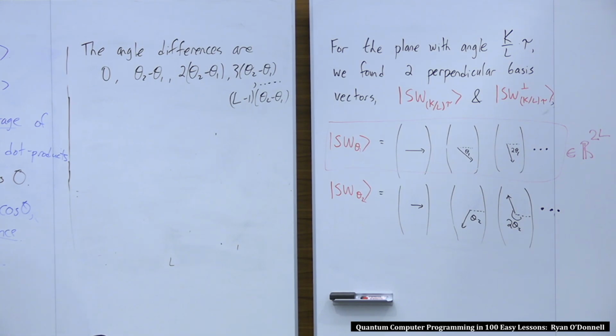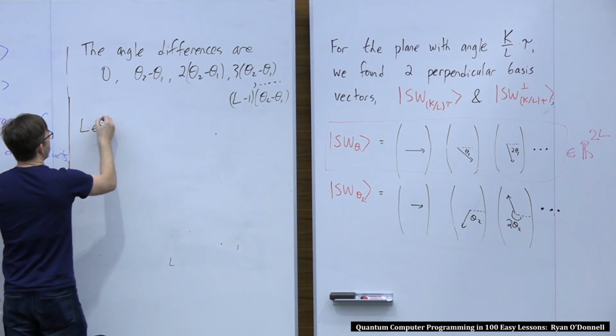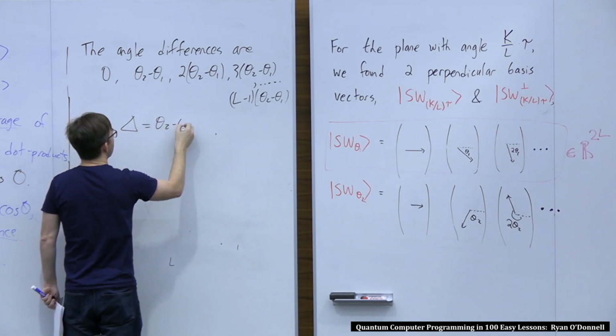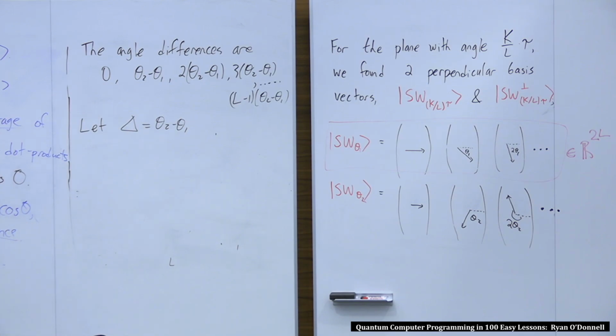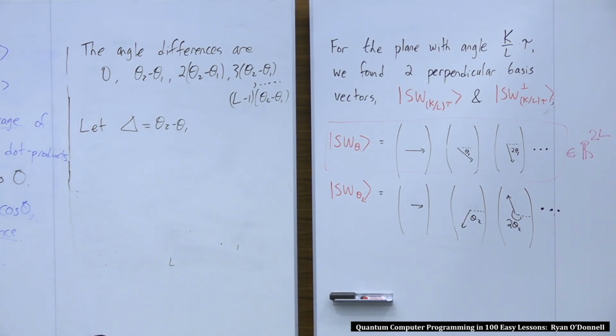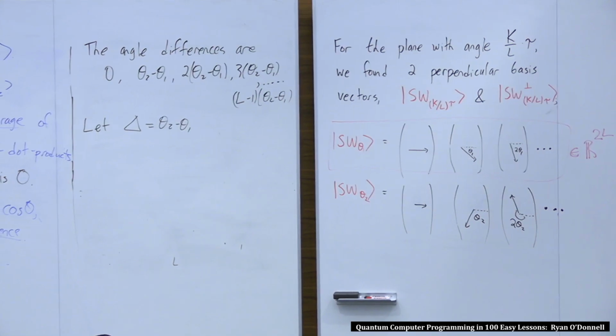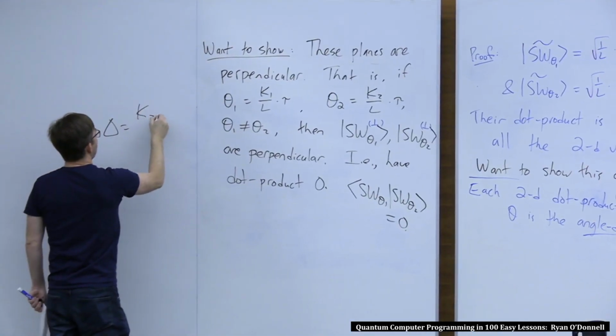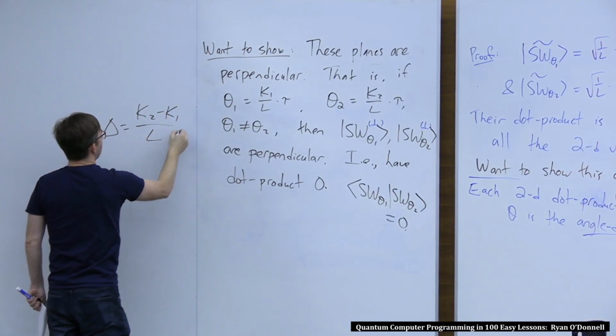And so let's make a notation for this. Let capital delta be theta 2 minus theta 1, this angle difference. And while we're talking about theta 2 minus theta 1, let's make a couple of observations about it. Theta 2 minus theta 1 is (k2 minus k1) over L times tau.